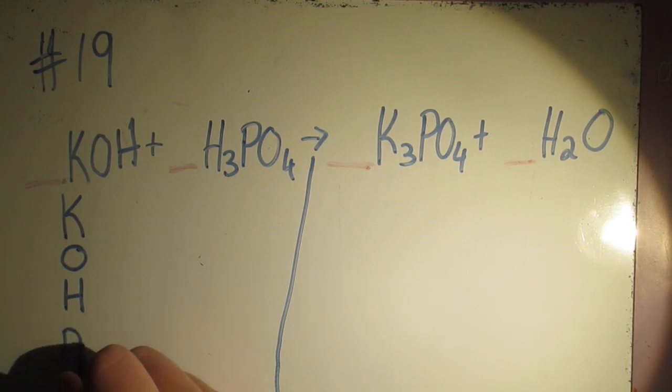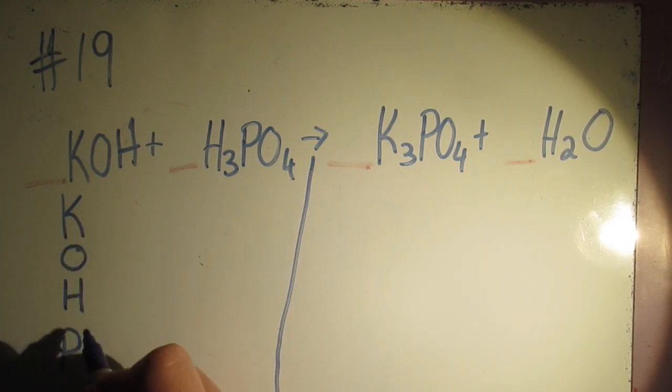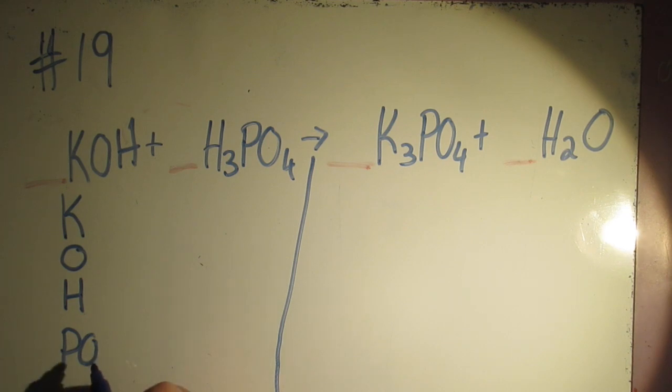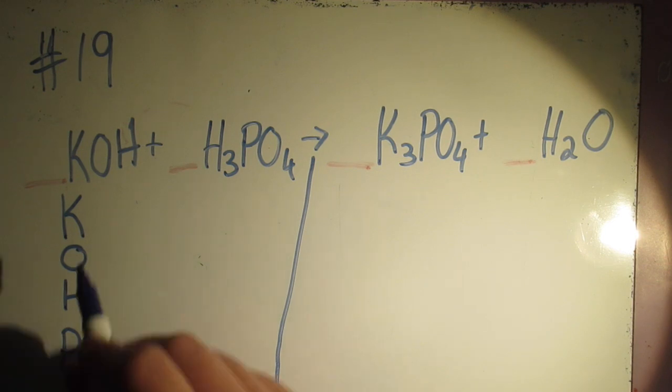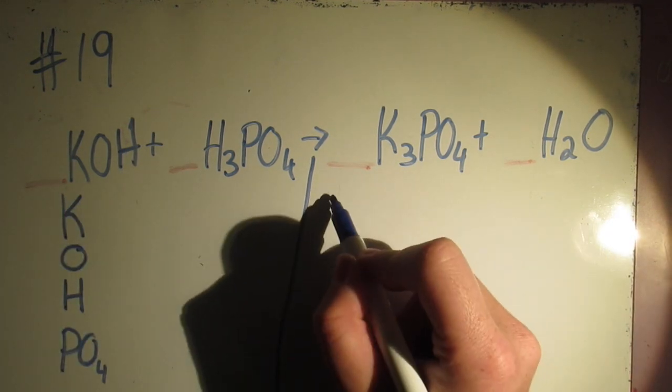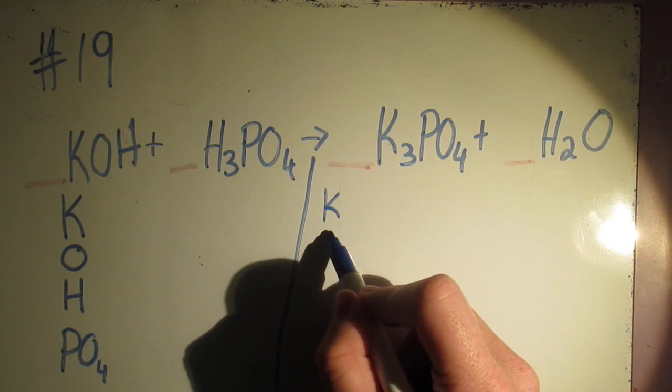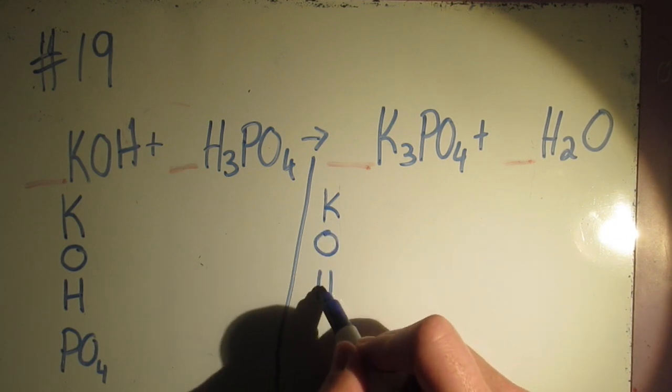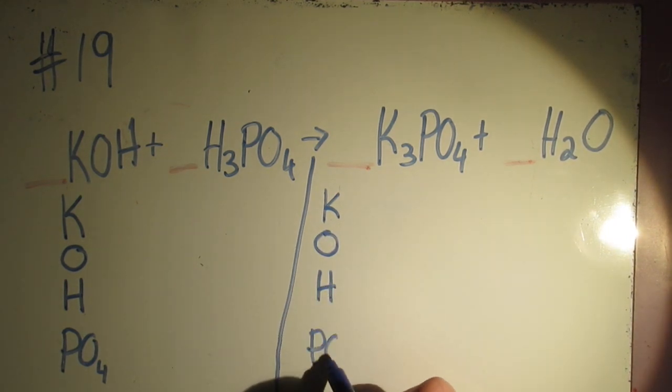If you find it easier to write P by itself and count these O's with those O's, you can do so. I find it easier to do it together, so that's the way I'm going to do it. Okay, so we've got that on that side, and then over here, again, we should have the same. If we don't have the same, something's wrong. But we do, so that's good.